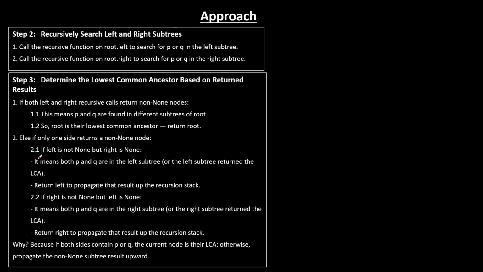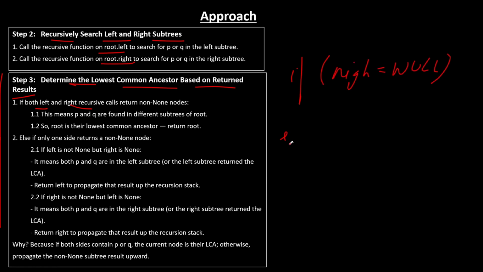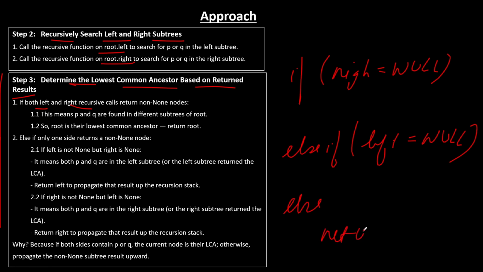Now recursive search for left and right. These are the recursive calls you will make for the left tree and the right tree. Now step 3: determine the lowest common ancestor based on the returned results. This step is very important, which we will write. If right is null, we return left. Else if left is null, we return right.